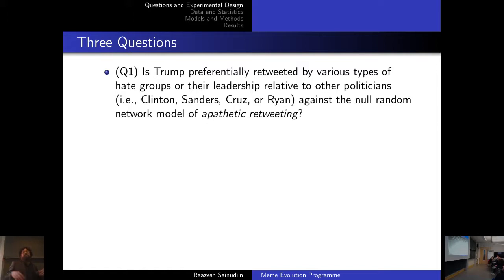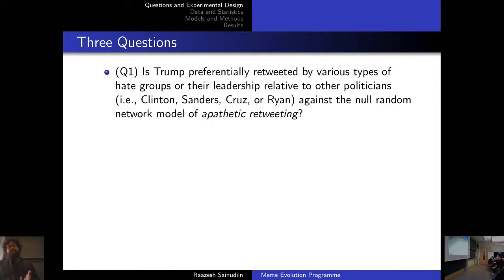All my followers see my retweet of the original tweet. So is Trump preferentially retweeted by various types of hate groups, as defined by the US Southern Poverty Law Center, relative to other politicians? That is Clinton, who was challenging him, and then Sanders and Cruz.